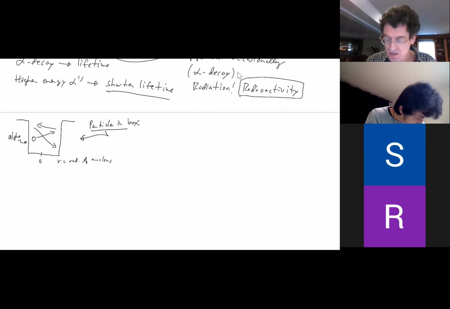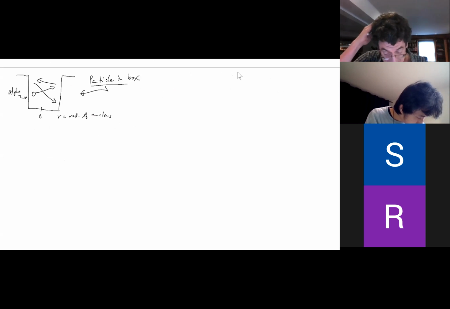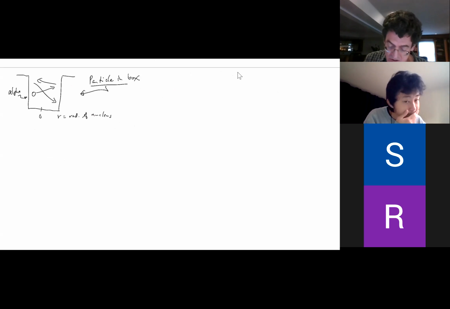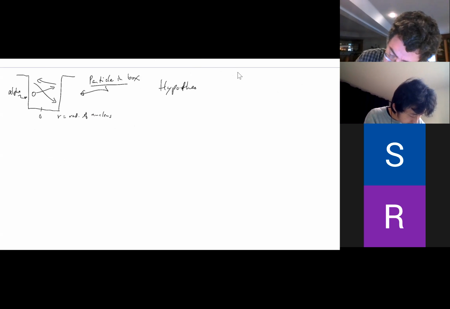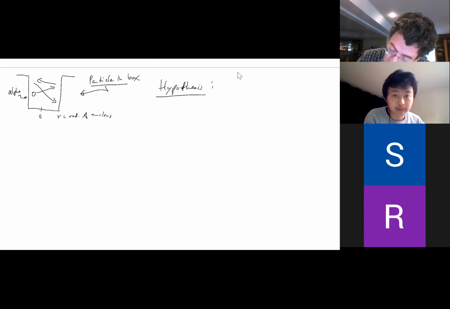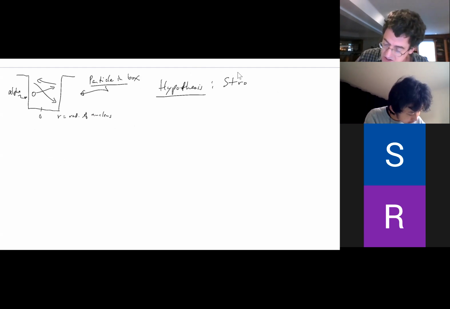So how does that work? The hypothesis was that there's some strong nuclear force. So the depth of the box is the strong nuclear force.